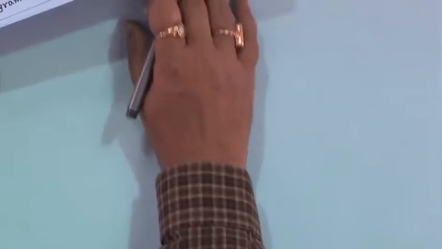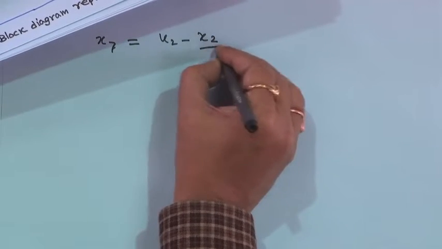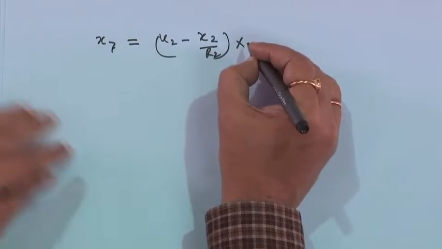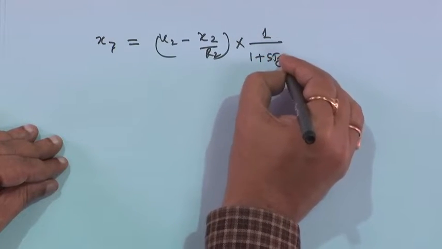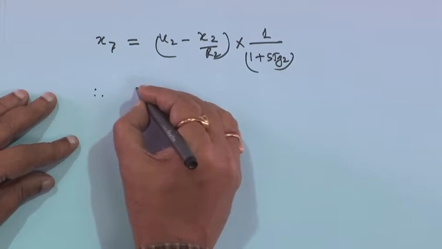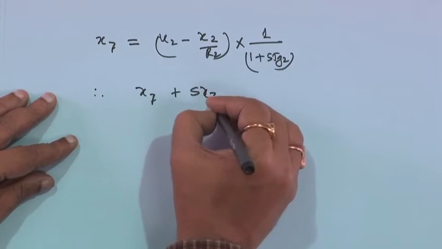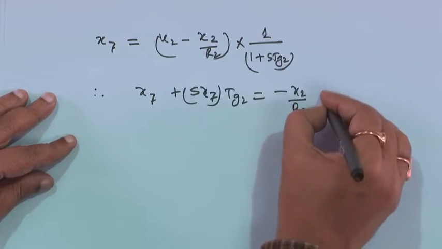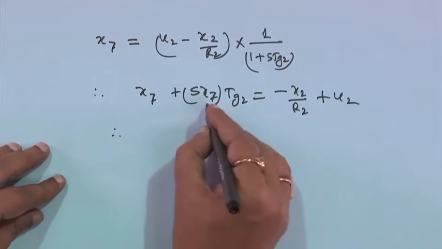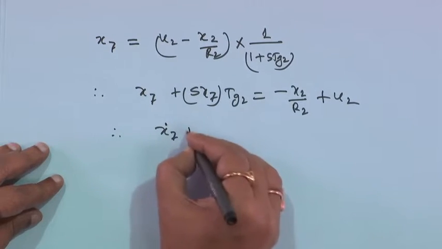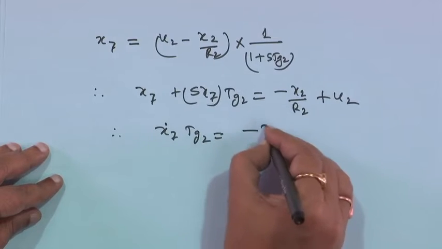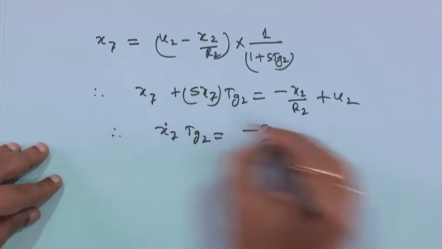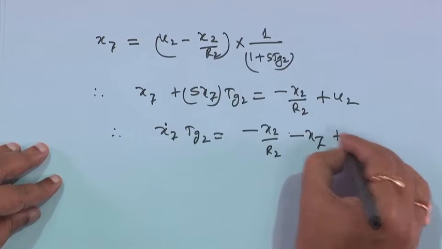Go for cross multiplication: it will be x7 plus s x7 Tg2, writing this one first, minus x2 upon r2, plus u2. Or s x7, which is x7 dot, Tg2 is equal to this one writing first, minus x2 upon r2, then minus x7, plus u2.